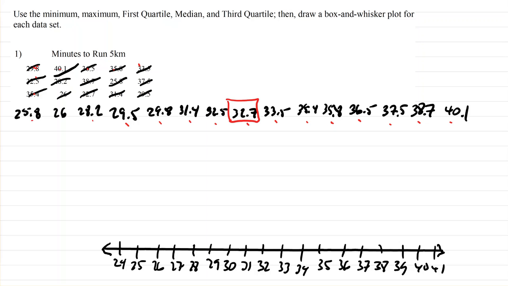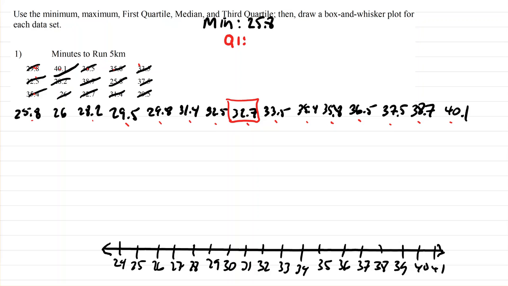Okay, now let's go ahead and start finding things. The first thing we want to find is the minimum, and the minimum is the lowest number, 25.8. Then we want to find Q1, which right now we don't know what it is, so we'll have to look for it.